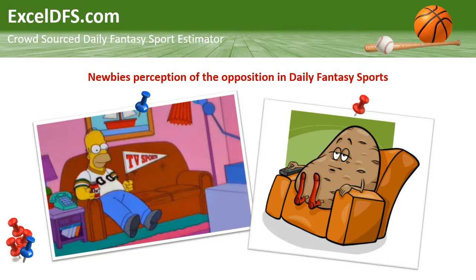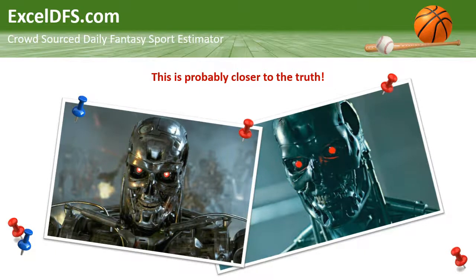Quite a few novices might think you only have to outstrip the couch potatoes, the people having a beer and watching the TV sports. My analysis of daily fantasy sports leads me to the perception that the truth is closer to this: there's a lot of technology used, a lot of smart people running their own algorithms based on their own analysis.